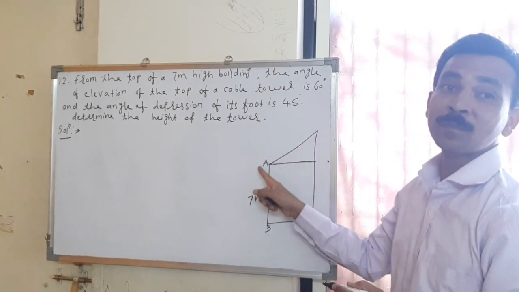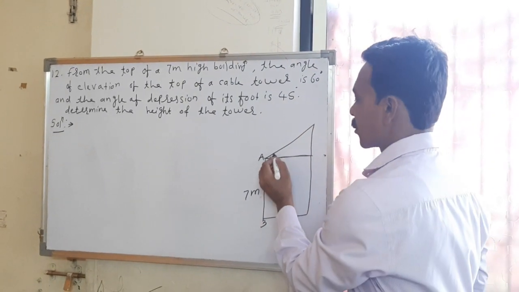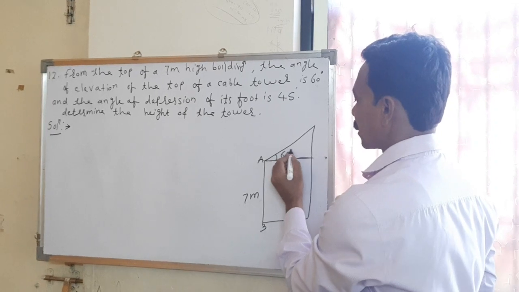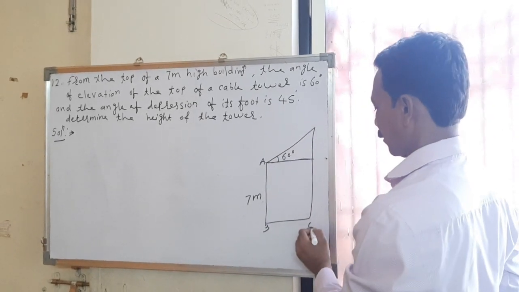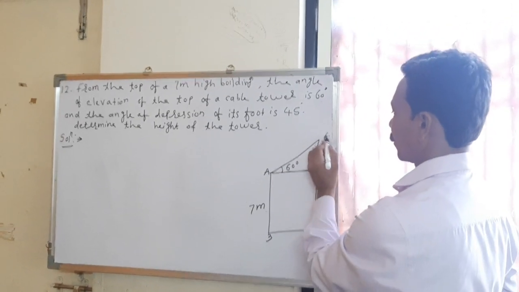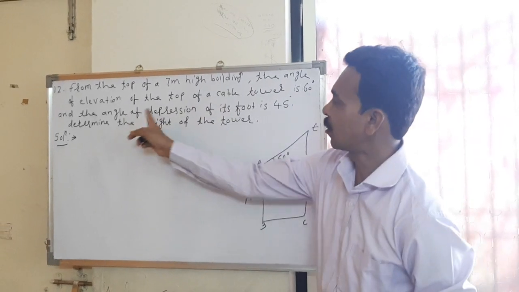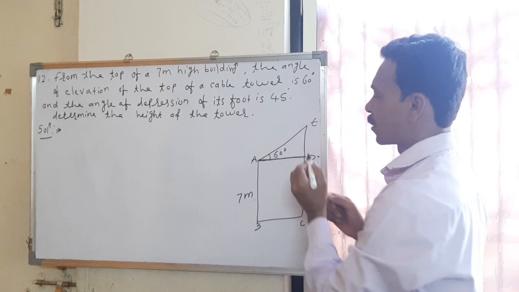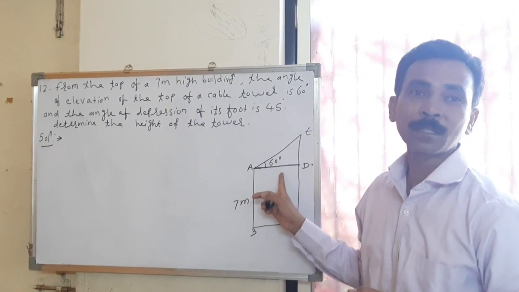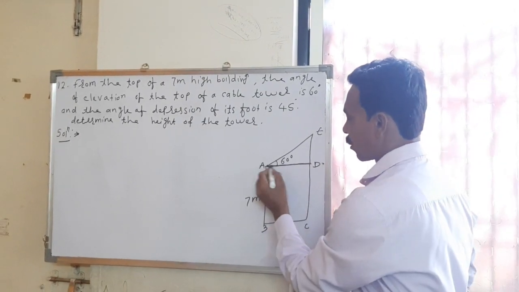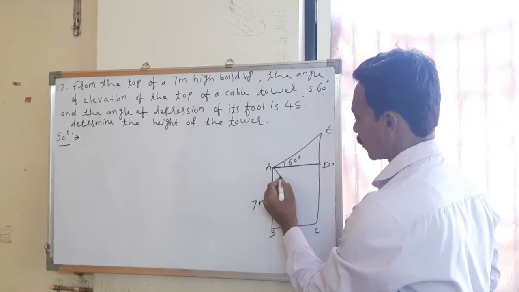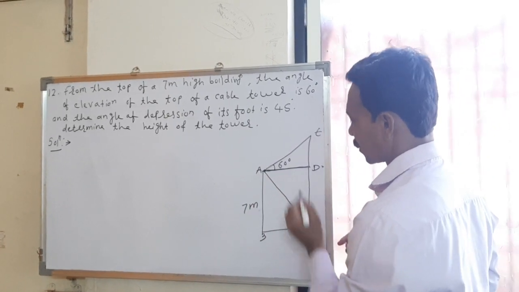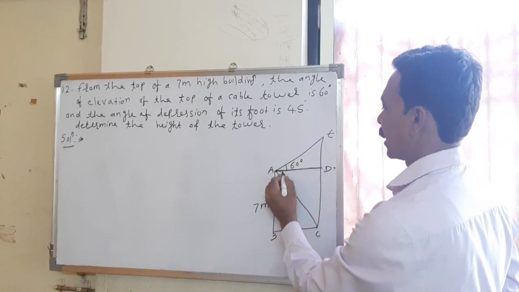This is the cable tower, and the angle of elevation of the cable tower is 60 degree. And the angle of depression of its foot, this is the foot of the cable tower. So from here, the angle of depression is how much? 45 degree.